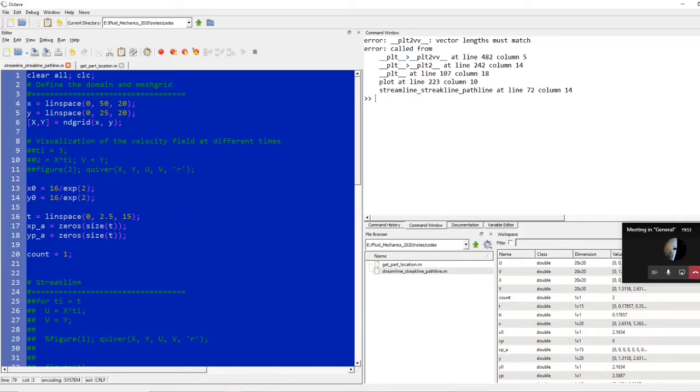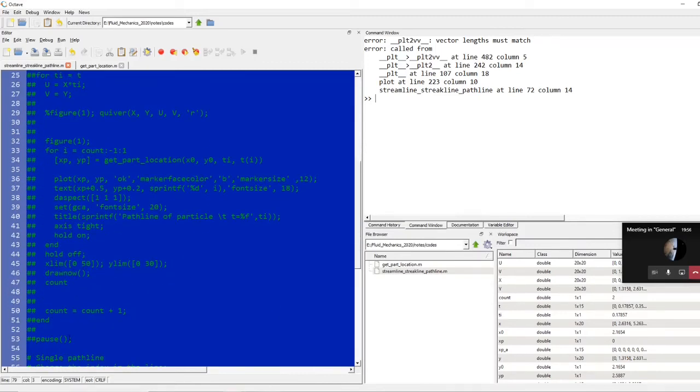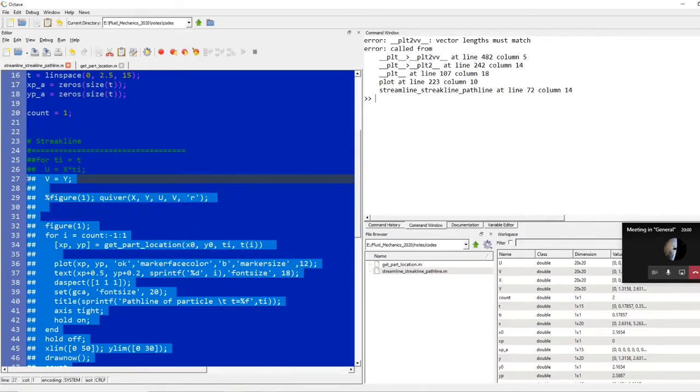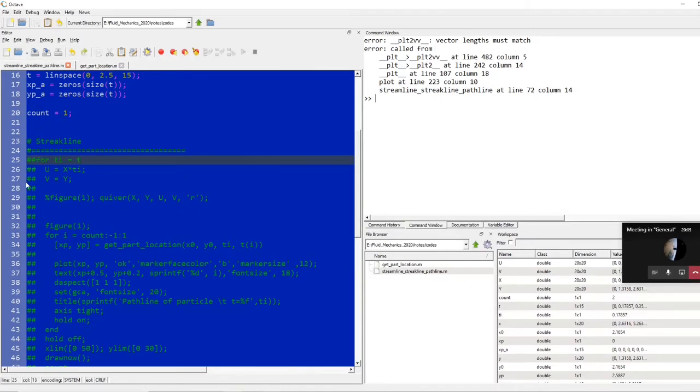Let me show you very quickly how successive injections of particle look like.